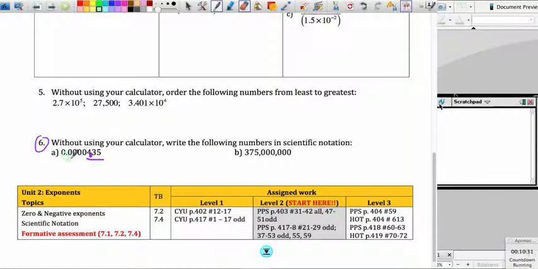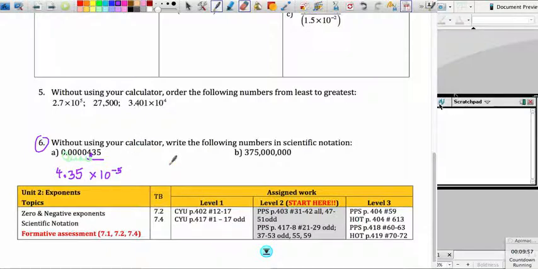So here I have to move 1, 2, 3, 4, 5 places, and so to write that in scientific notation, I have 4.35 multiplied by 10 to the power of -5, indicating that I moved 5 places, negative indicating that I had a number between 0 and 1. In other words, I had a very small decimal, and the -5 indicates that I moved the decimal point to the right in order to get that into scientific notation.